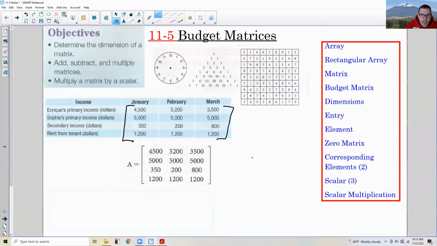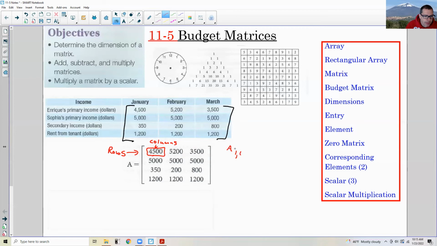And then we have dimensions of a matrix. Well, matrices have rows and columns. So rows go this way, and columns go this way. So this position right here is row 1, column 1. So that'd be 1, comma 1.